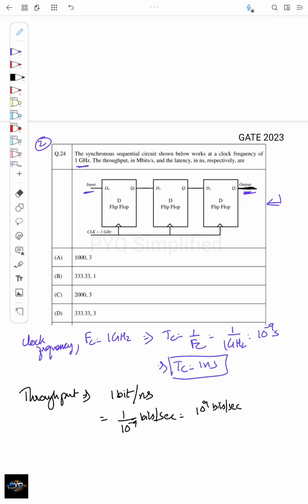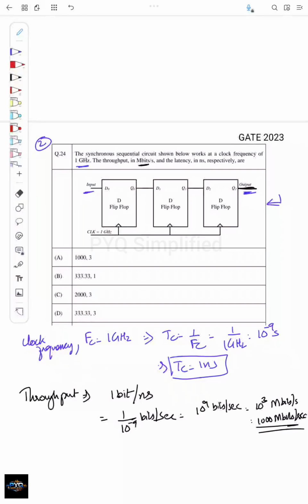Here I need it in megabits per second, so I can write it as 10 power 3 into 10 power 6 bits. So 10 power 3 megabits per second, that is 1000 megabits per second. So that will be the throughput.